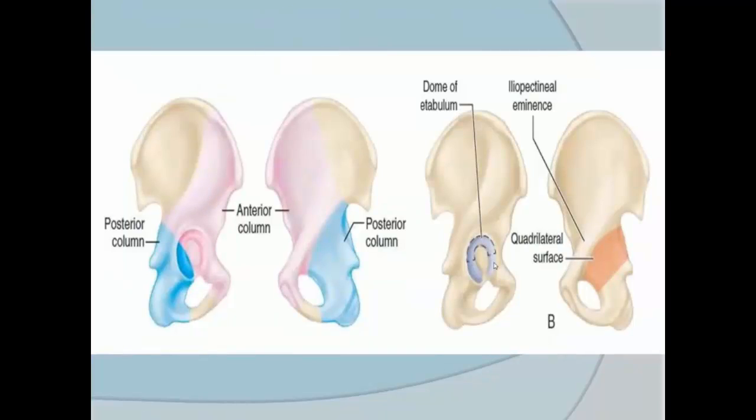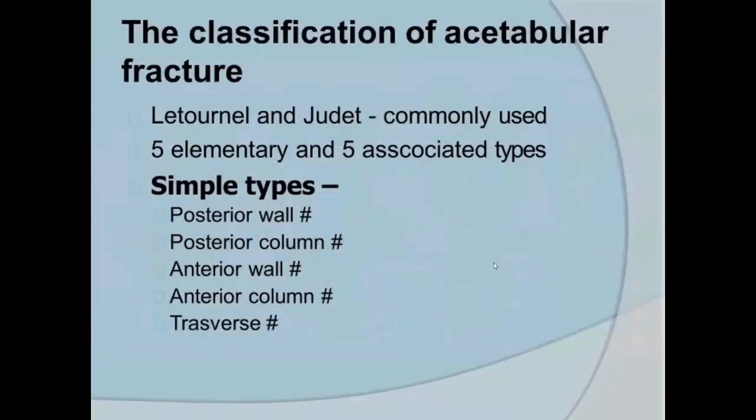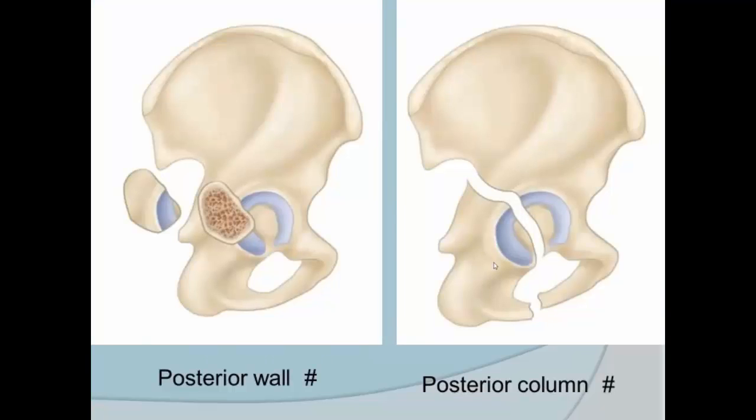Again, pictures showing the description of the anterior and posterior columns. After the classification, I told you there are 5 elementary and 5 associated. The posterior wall will usually involve the posterior part of the acetabulum, but will not involve the sciatic notch.